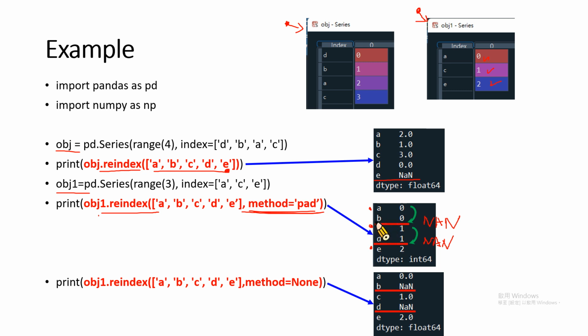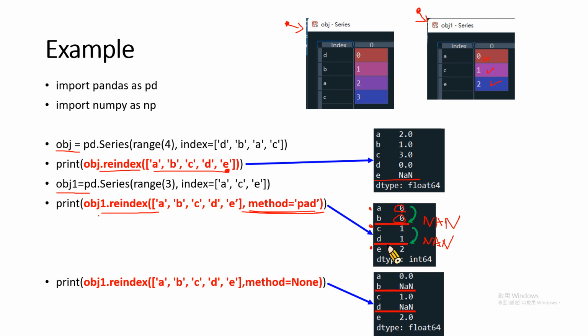So here B should be NaN, but now we look back and try to find the last non-NaN data. That's A, and the value for index A is 0. So we copy the 0 value for the new index B.